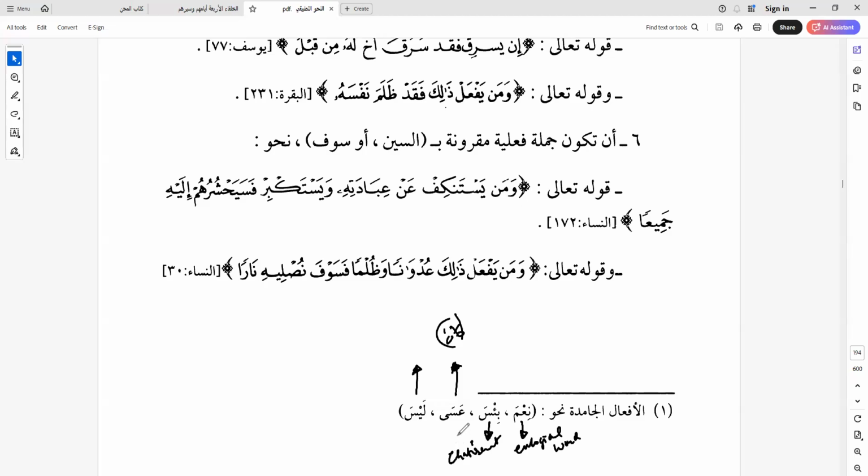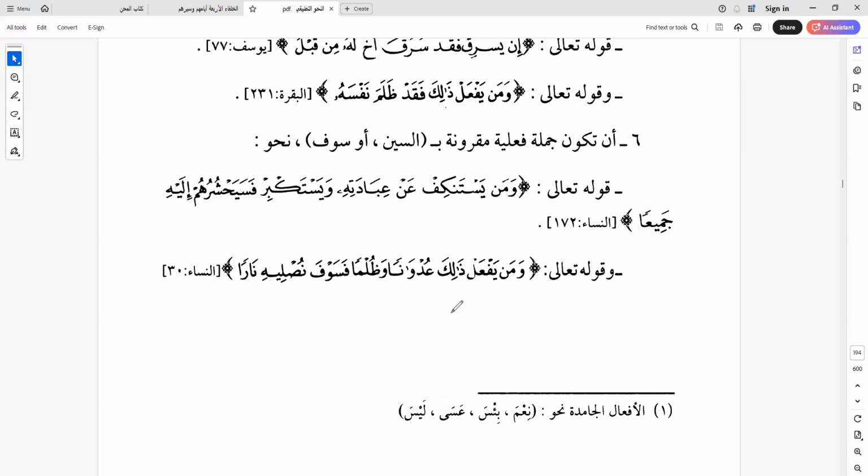And ni'ma and bi'sa, asa and laysa, they are called af'al jamida. Why? Because they don't morph, right? In a morphological sense, they stay the same. They don't change. So you can call them solid, stone, rigid verbs.